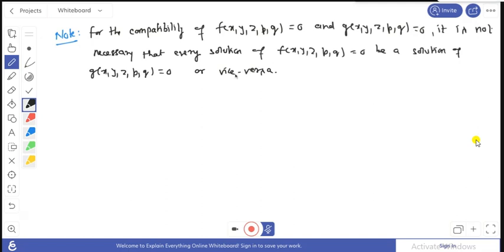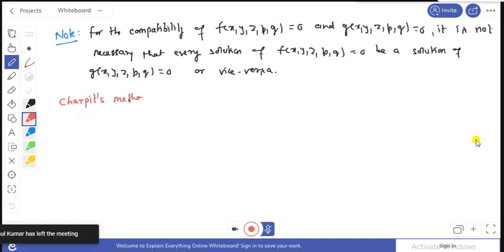Next, for solving a non-linear partial differential equation, there is a well-known method, and this method is Charpit's method.